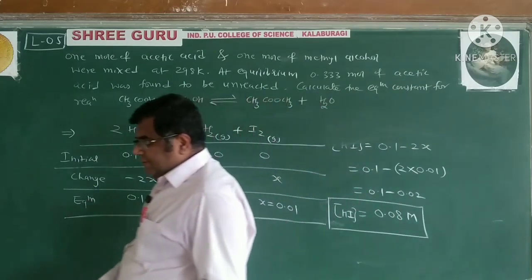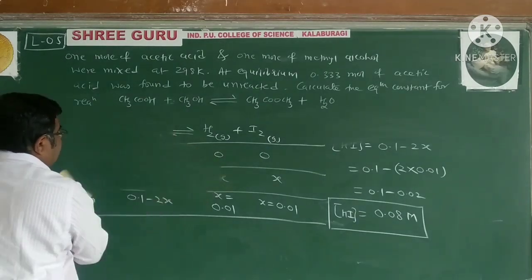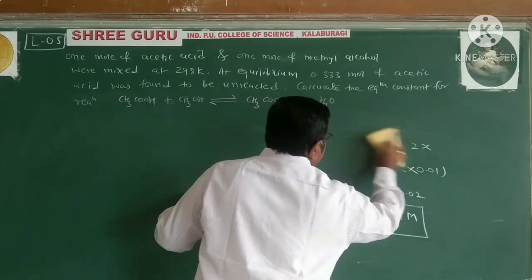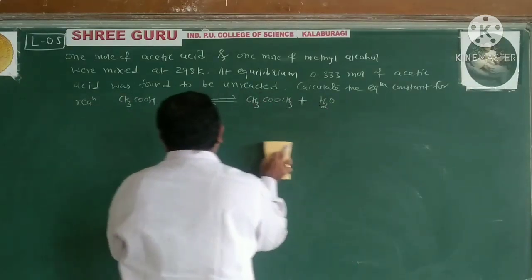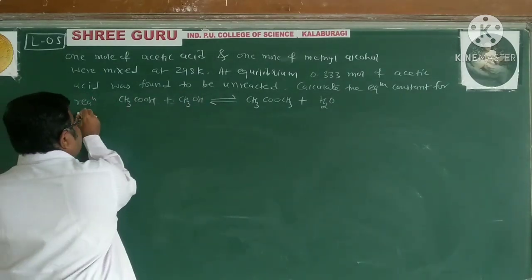This is the reaction they have given. So you can write the initial, change, and equilibrium and calculate the equilibrium constant here.